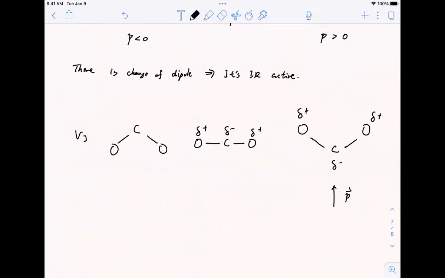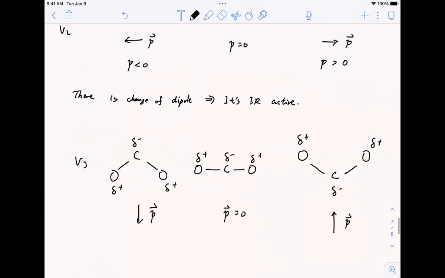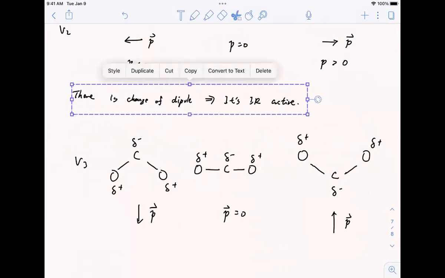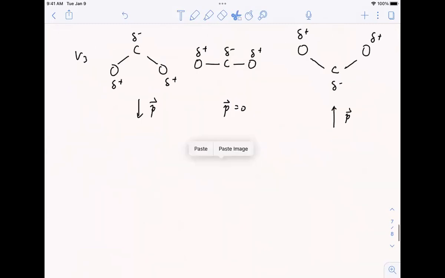Going up. So this P is 0. And then this is going down. So the P is like this. Okay, so the dipole is going like this. The dipole is oscillating. That means they're infrared active.